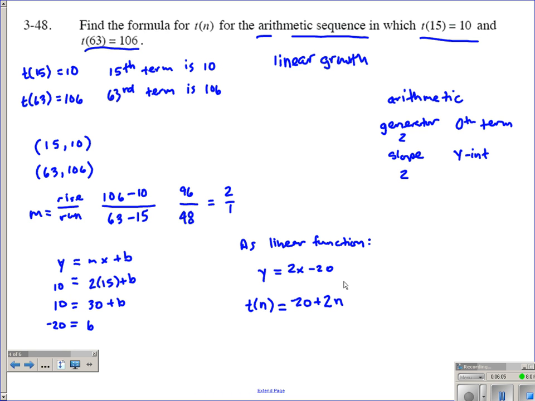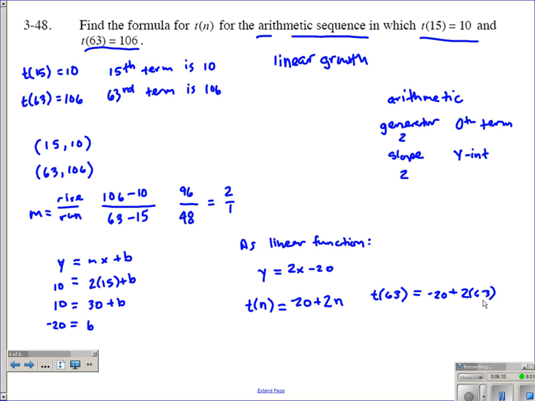If I want to check it, I can plug in either of my values here to make sure it works. If I want my 63rd term in the sequence, I'm going to say t of 63 should equal negative 20 plus 2 times 63.